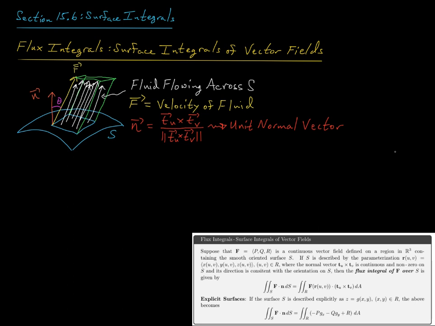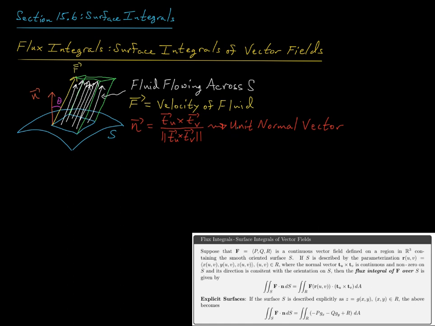Okay, so now how do we go about finding the height of the box? Well, for that, we want to find the projection of this yellow velocity vector onto the normal direction, right? The scalar projection of that vector onto the normal direction will just give us the height of the box. And if n is a unit vector, I could take n to be this cross product vector, tu cross tv, which comes from the parameterization for the surface S, and divide it by its magnitude.